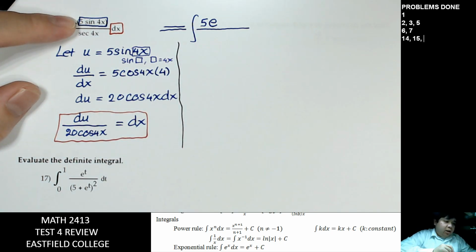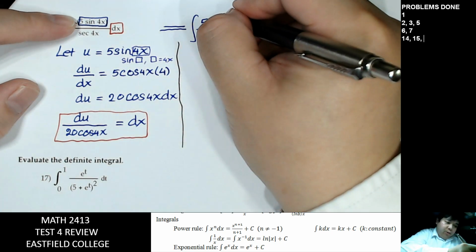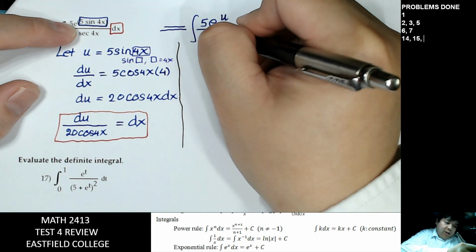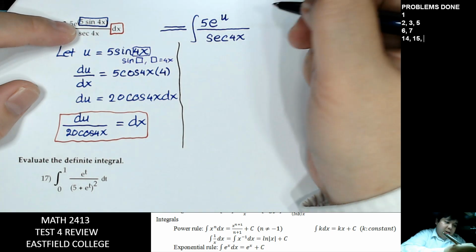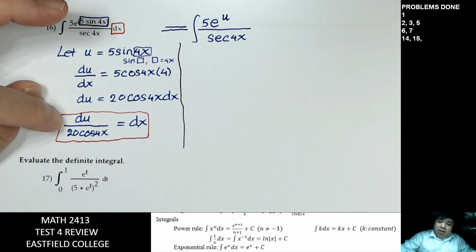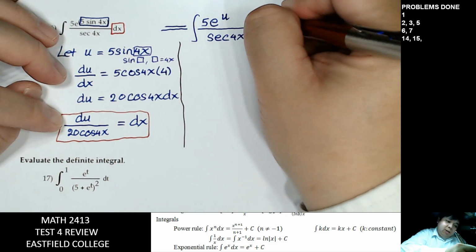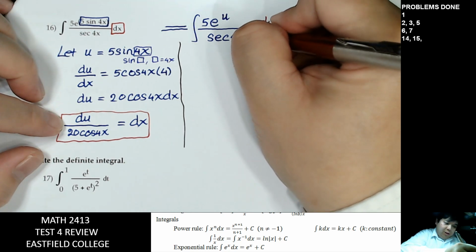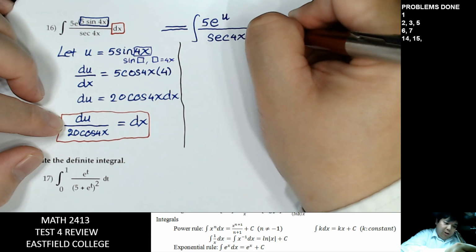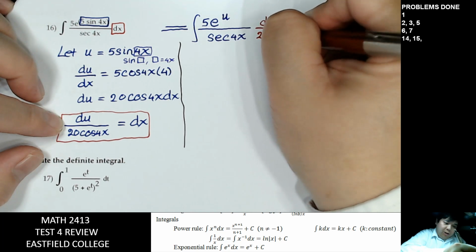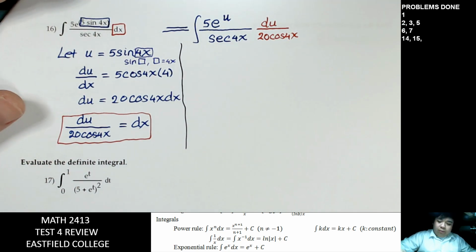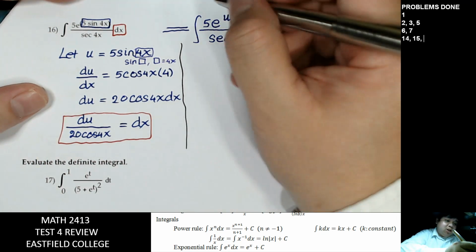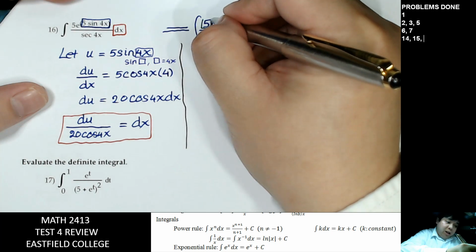So 5 sine 4x, that is u, and secant 4x is still here, and dx is this. Right. Cosine and secant, actually that cancels out, but we'll do that in a little bit.